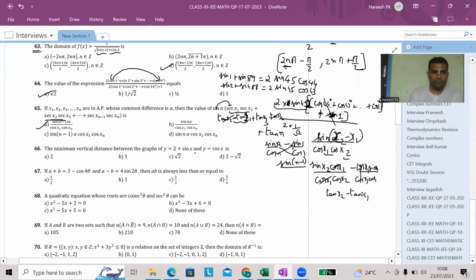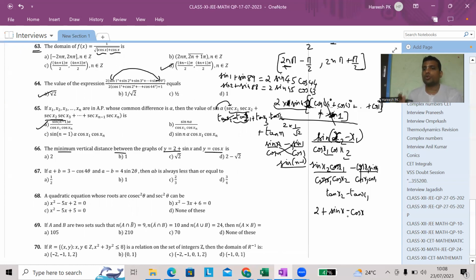When they say minimum vertical distance between these two graphs, it means 2 plus sin x minus cos x should be minimum. That means sin x minus cos x must be minimum because 2 is a constant.